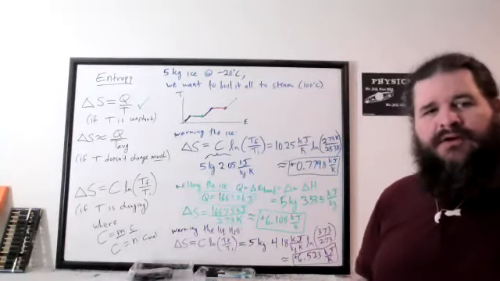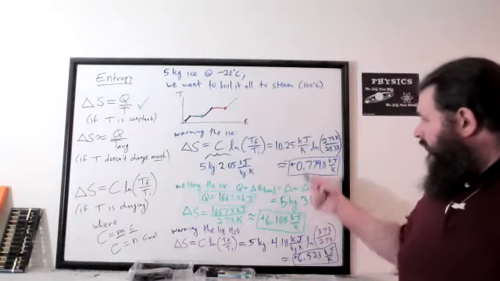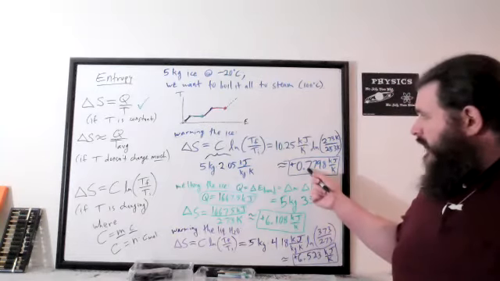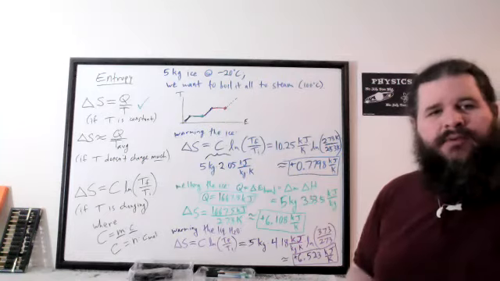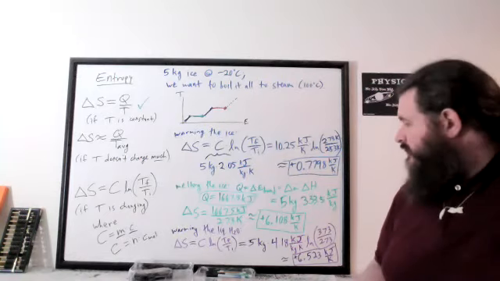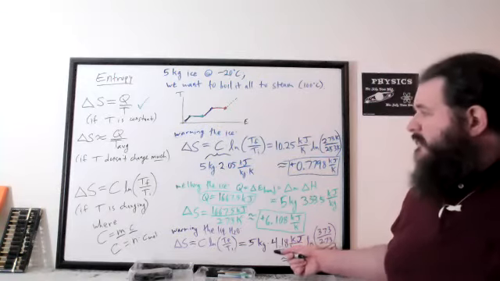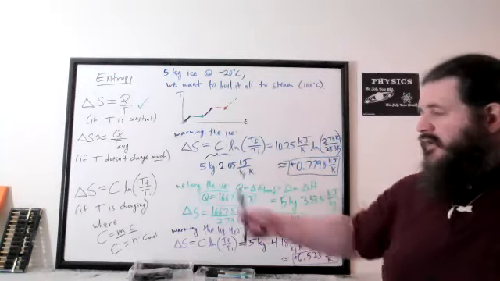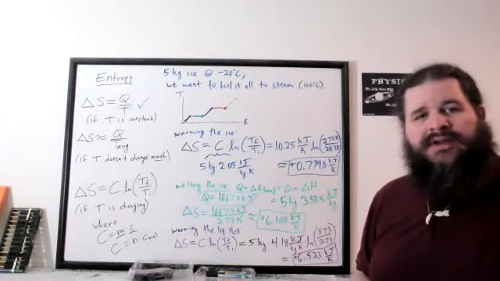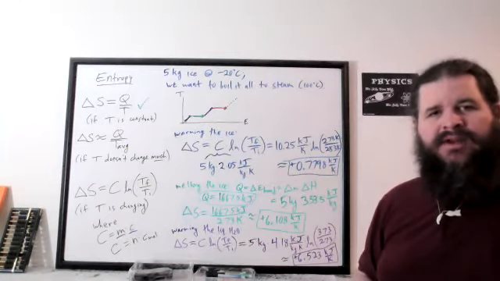So a significantly larger change in entropy than the previous one for the ice warming up, partly because we're going through 5 times as much temperature change, but also liquid water has a higher specific heat than solid ice does. So it takes more heat per degree, more heat per Kelvin.